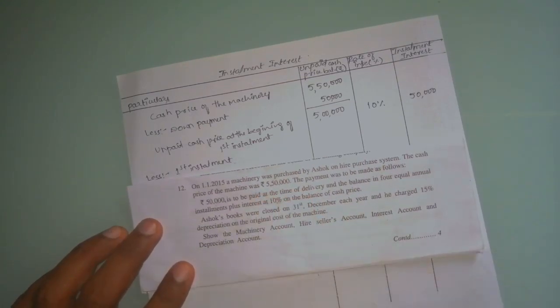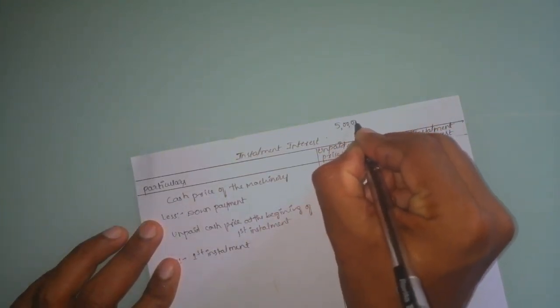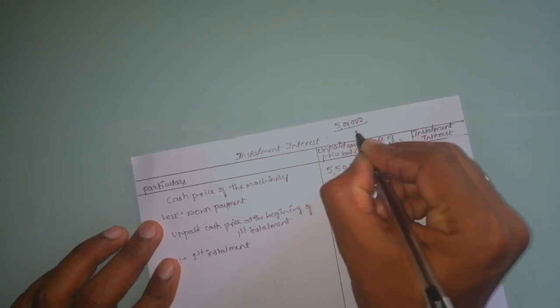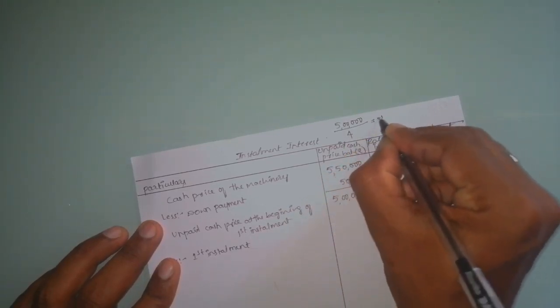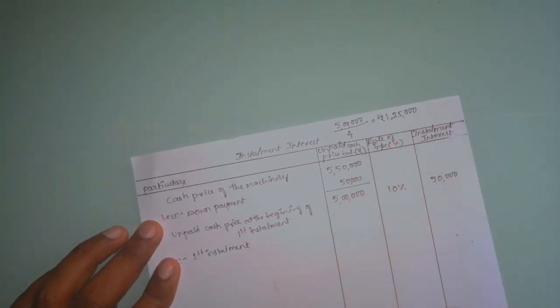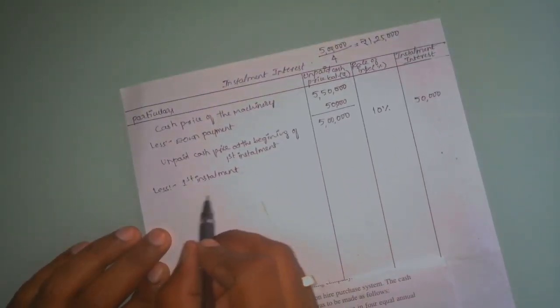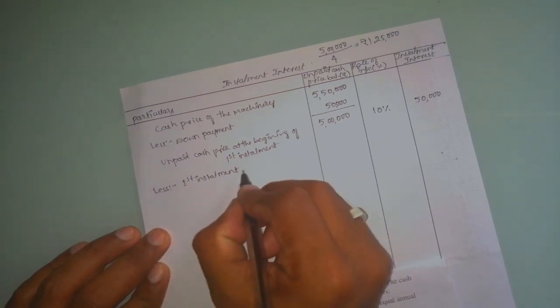Here 5 lakh divided by 4 equal annual installments comes to rupees 1,25,000. Each installment consists of 1,25,000 rupees. Clear?